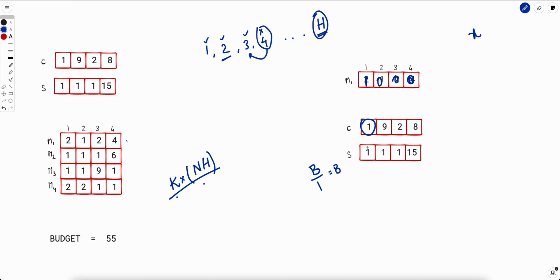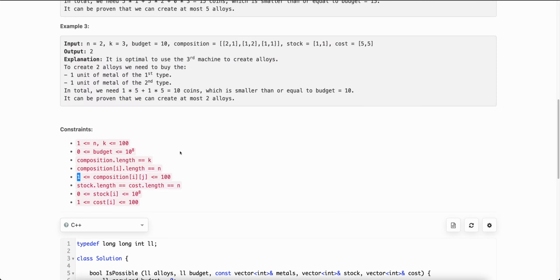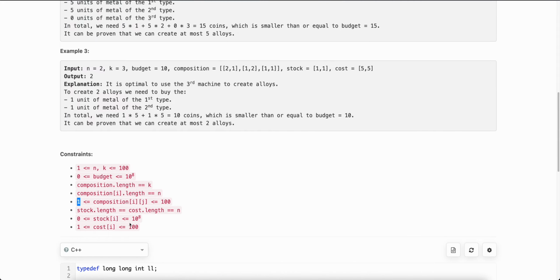right? And if you have some stock as well from before, let's say the value of this stock is again S, or S dash, you will be able to make this many extra alloys as well. So in total, in the best case, you are able to make B plus S dash alloys.